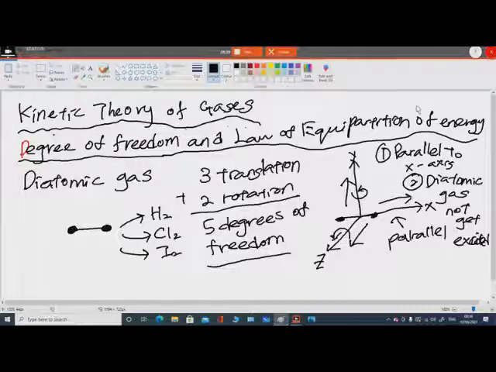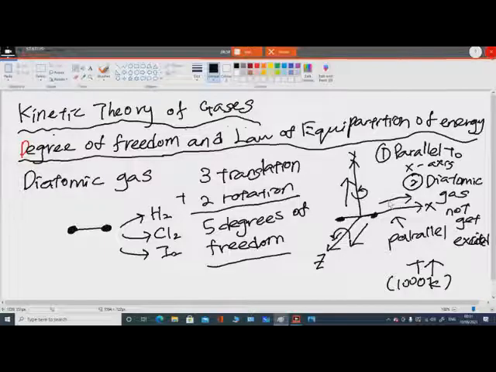So it means that if we increase the temperature much higher, around 1000 K, there will probably be a rotational motion along the x-axis. So this is based on my research.